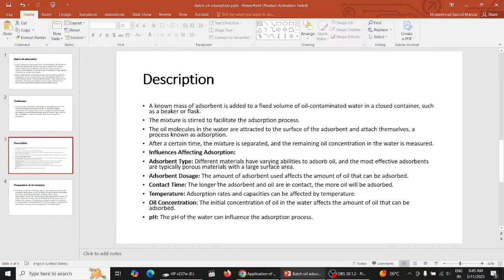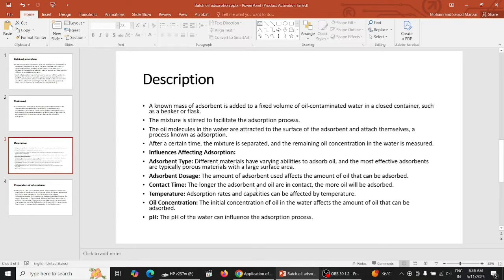Now the influences that will affect the adsorption process are the adsorbent type, what is the nature, the physical chemical properties, its surface area, porosity or permeability, okay, its functional group. And the second point is the dosage of the adsorbent, how it can affect if we put a large amount of dose of adsorbent or low, so how it can affect the adsorption process, the contact time.